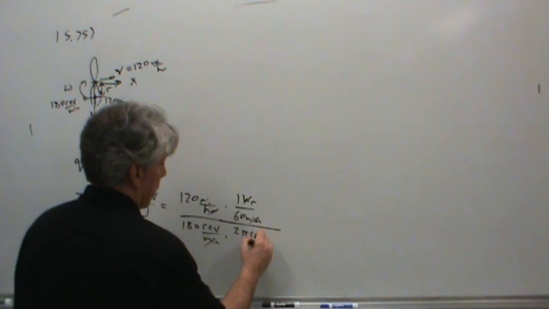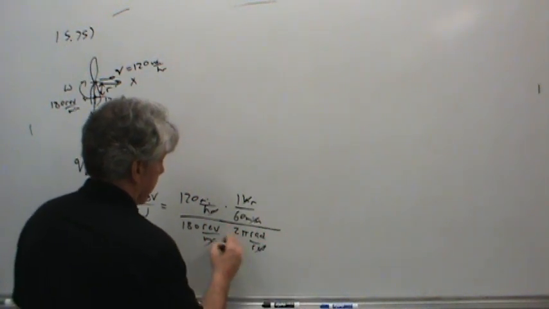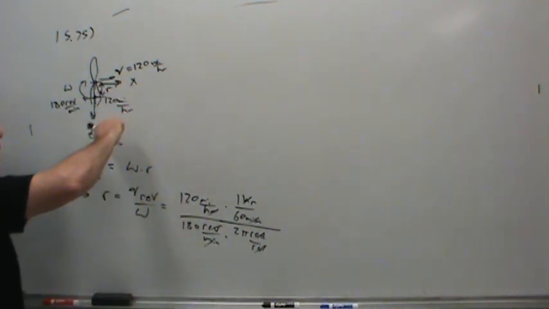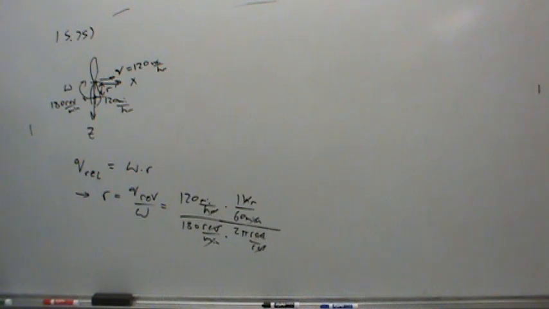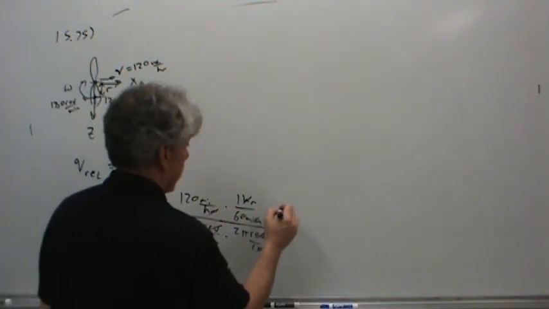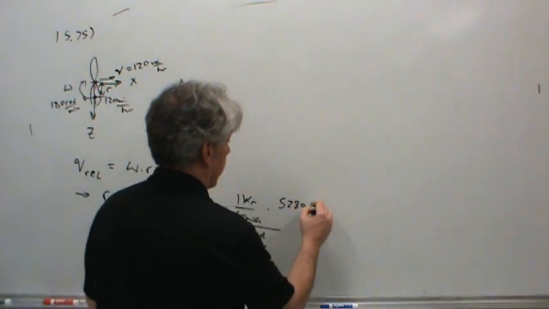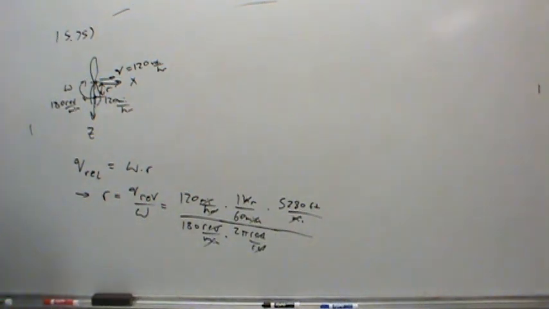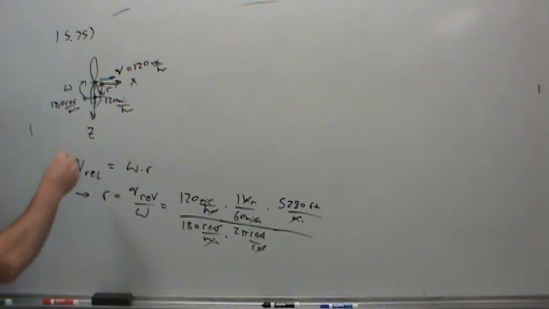There are 2 pi radians per revolution, and that way the radians go away for free. And this will tell us how many miles out on the blade that point is located, but I probably don't want to measure it in miles. I'd like to measure it in feet. So let's convert using 5280 feet per mile. And this should tell us how many feet out on the blades is the location of the point that is the instant center of rotation, a point that is not moving relative to ground.